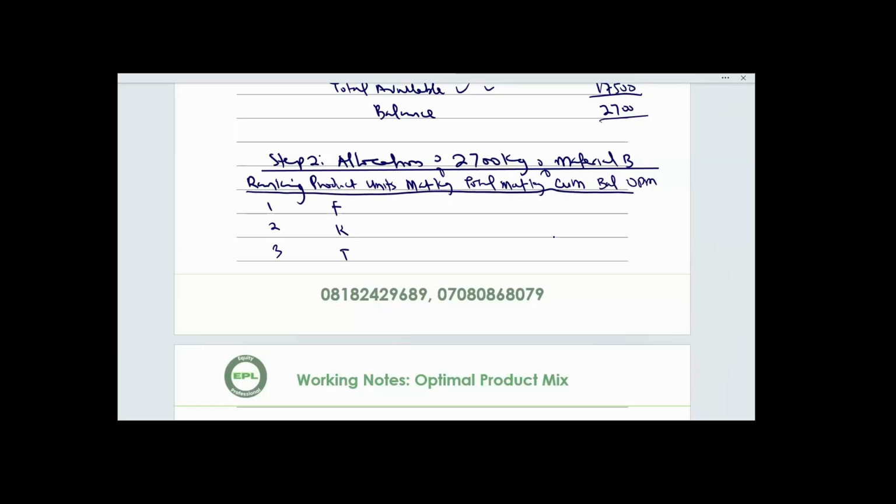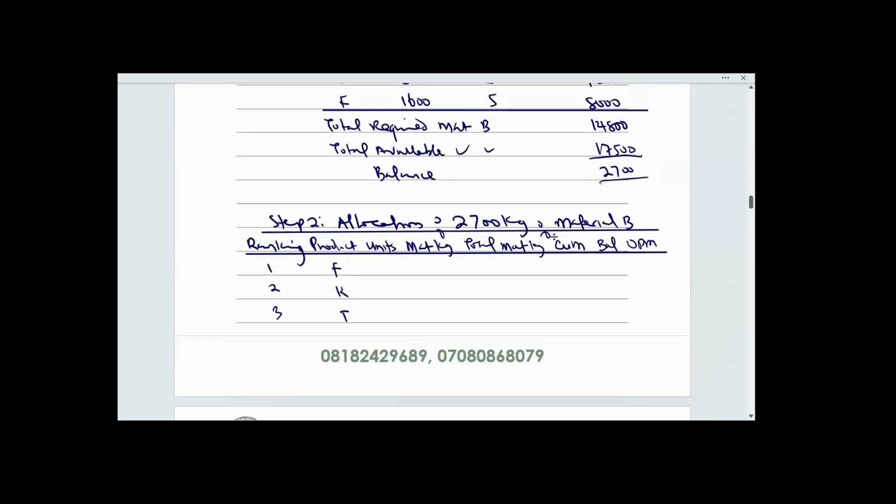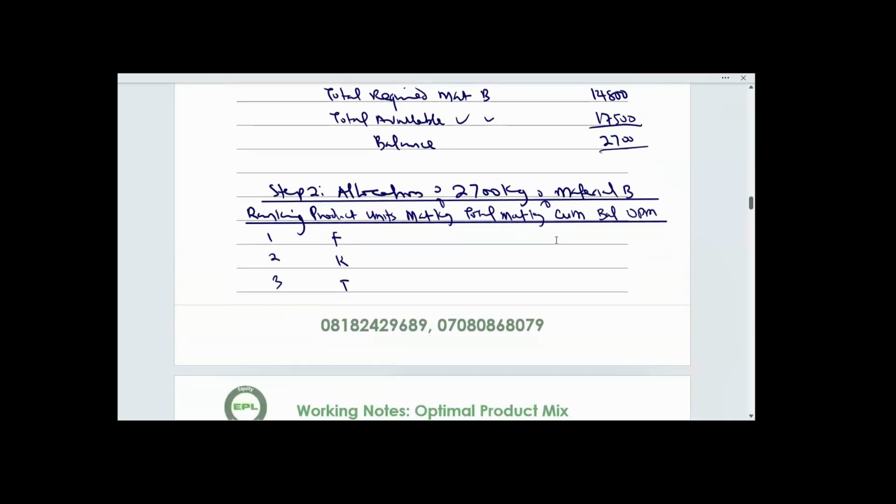Out of 17,500 kilogram of material B, we have allocated 14,800 kilogram for normal operation. And you want to produce 400 units of each product for special order. So here will be 400, 400, then 400. F is 5, K is 4, then T is 6.